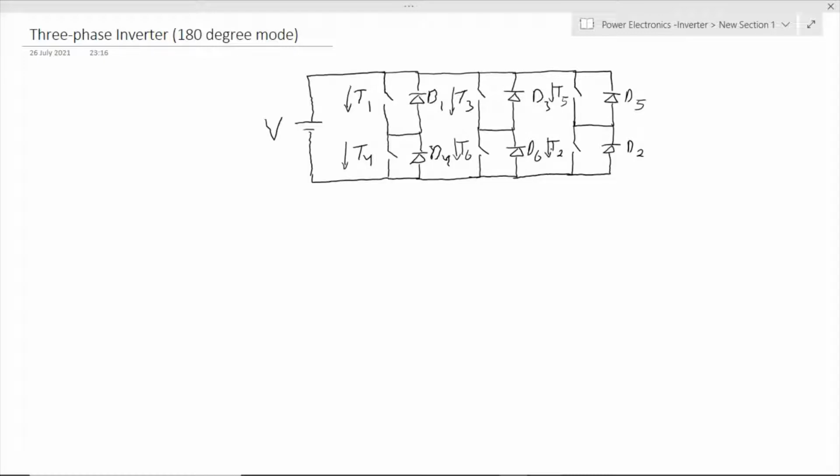So the first leg will give you A phase. Let me say this is A point, and the second is our B phase. And the third is our C phase.